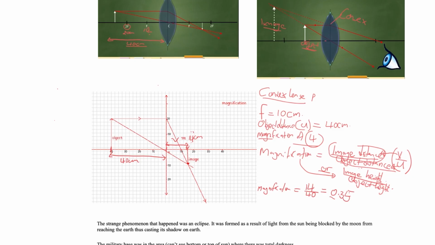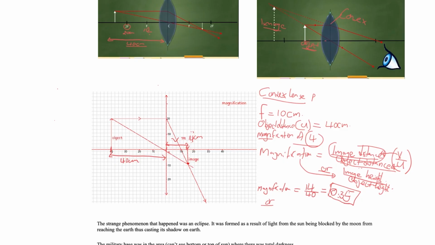So now we have seen that our magnification is 0.35. So was this image magnified really, or was it diminished? You can say now that this image was diminished. Why? Its size has now reduced.